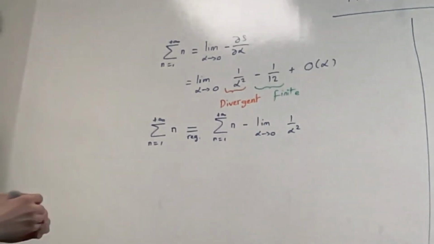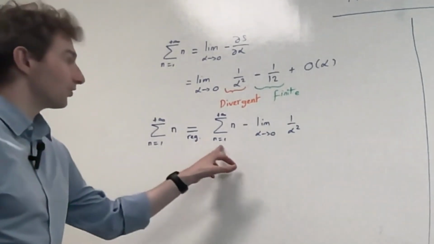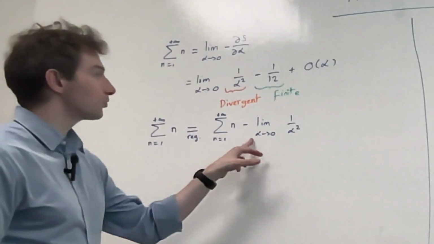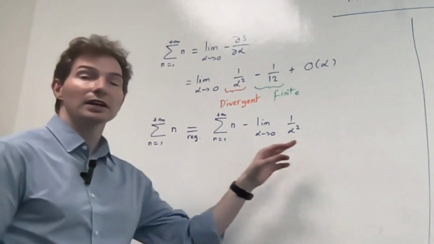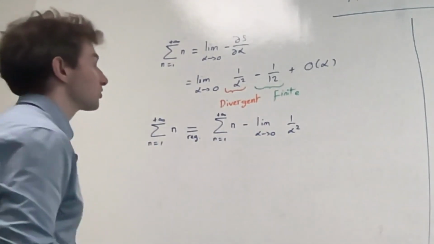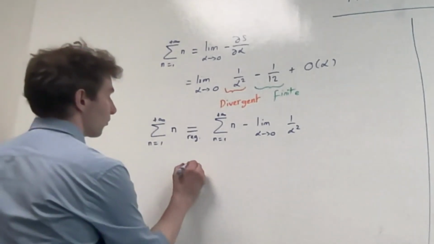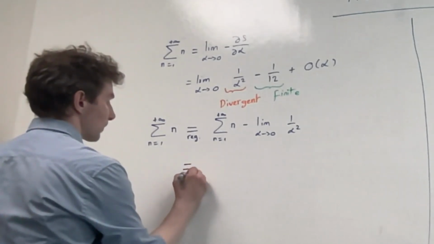Okay? And so basically here you've got a diverging quantity. Here you've got another diverging quantity, but the difference between the two is going to give you minus 1/12.